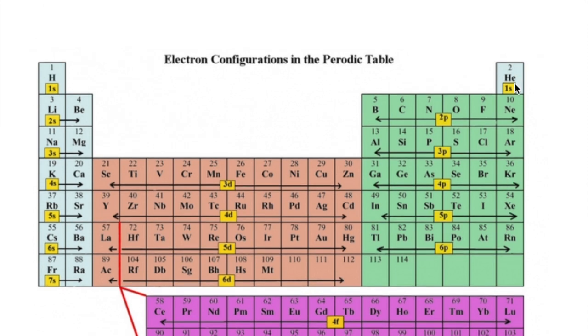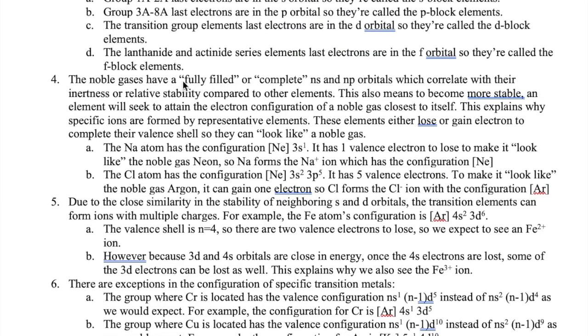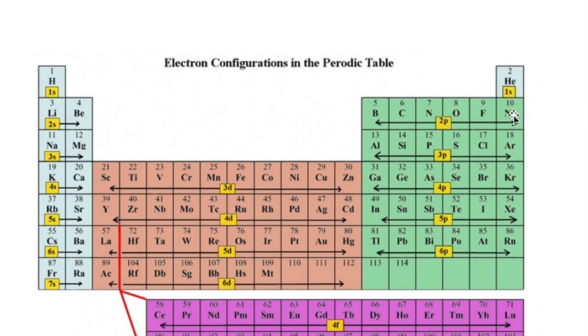When we do the electron configuration for all the noble gases, we find that they have fully filled or complete ns and np orbitals. Now I say ns here because I'm referring to the period that the noble gas exists in. So for example, if I'm looking at neon, that's period 2, so the 2s and the 2p orbitals are completely filled.